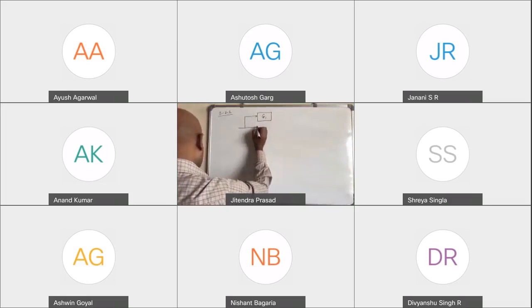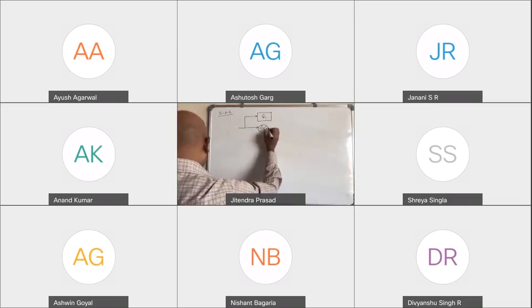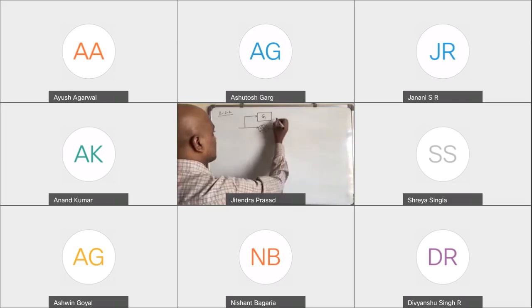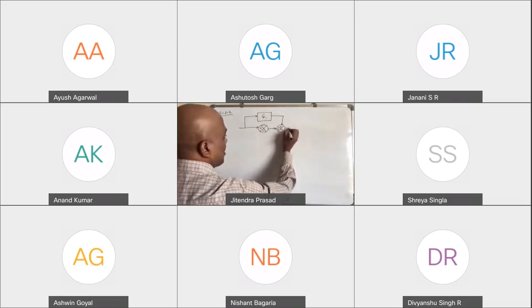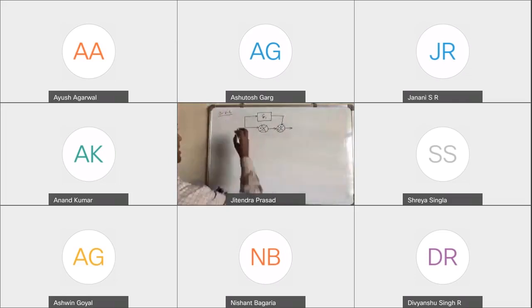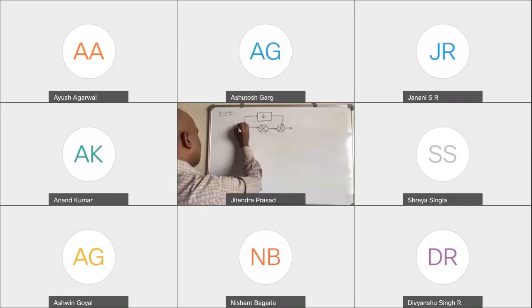So basically here, if R is there, RS, these are not currents.